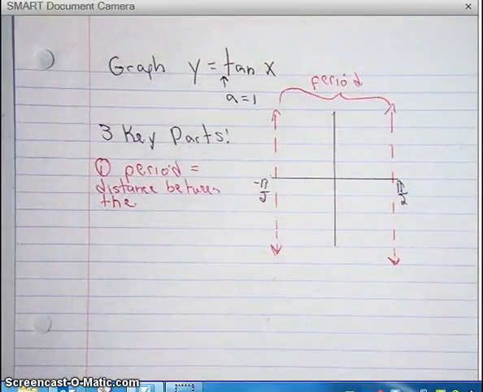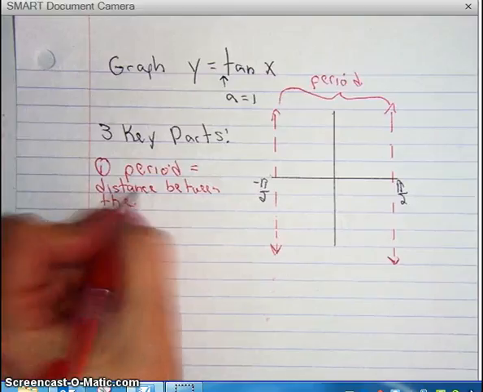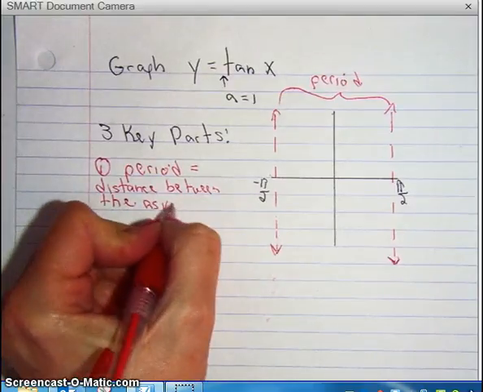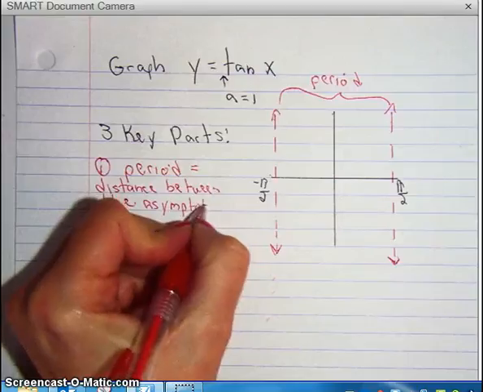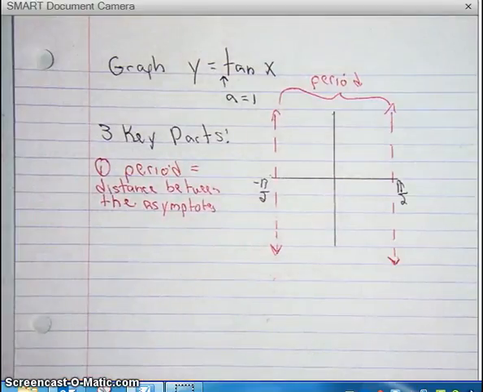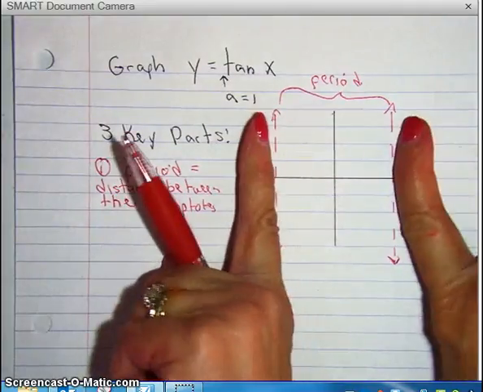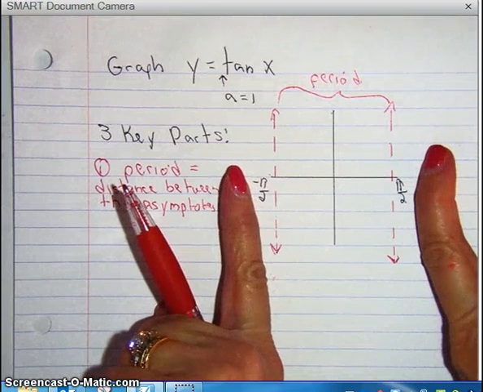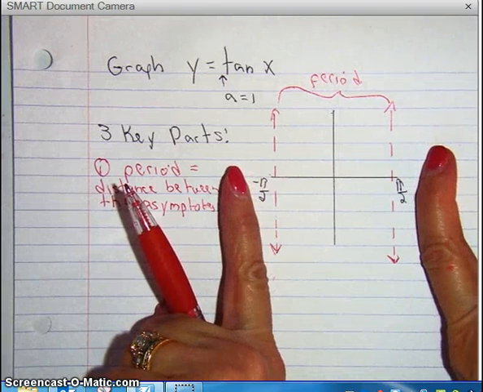So, and we can fill in distance between the asymptotes now. What is the period for the parent tangent function? So distance from here to here, from negative pi over 2 to pi over 2. Smart people that you are, what is it?